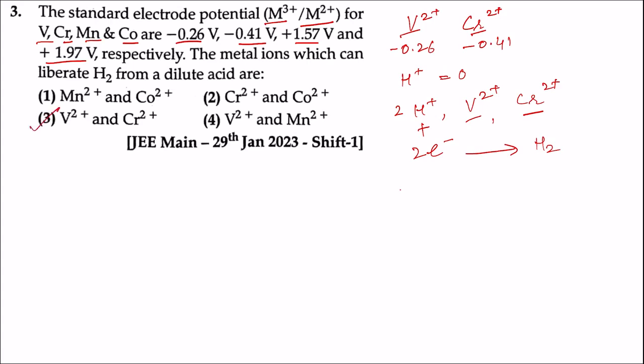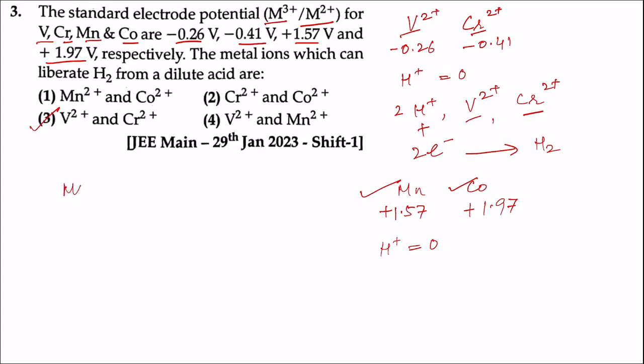Now what about manganese and cobalt? Manganese has reduction potential value plus 1.57 and cobalt has reduction potential value plus 1.97, and hydrogen has reduction potential value 0. As can be seen, both manganese and cobalt have reduction potential values greater than hydrogen.